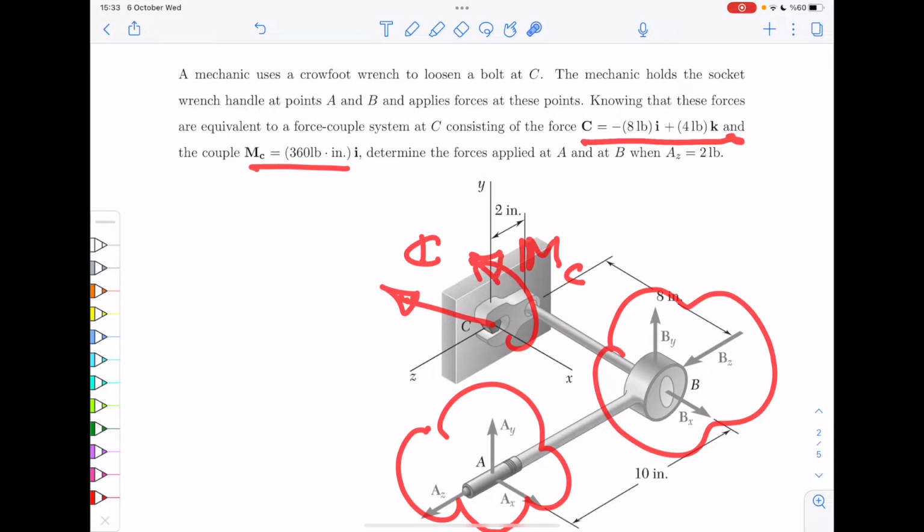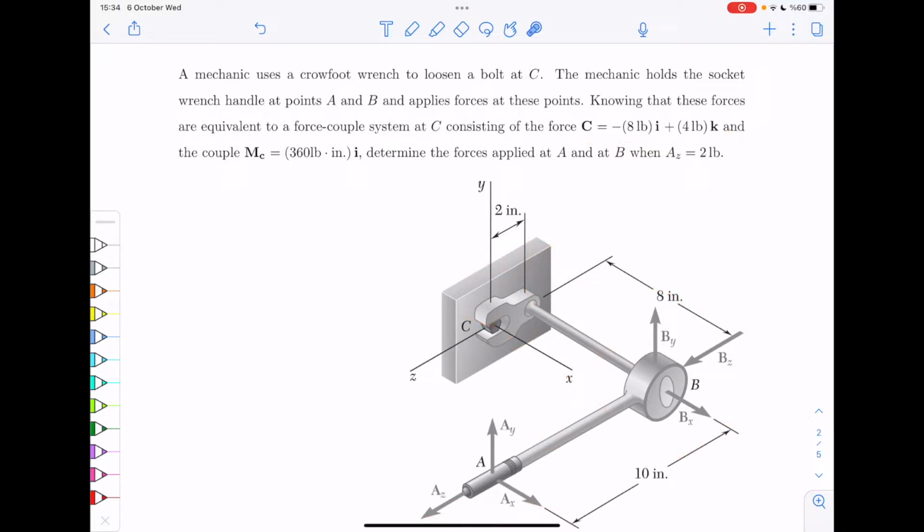So we don't know what A is, we don't know what B is, those 6 components are unknowns. But we do know its equivalent force couple system at point C. So we know their effects. And you are asked to determine the forces applied at A and B when AZ is 2 pounds.